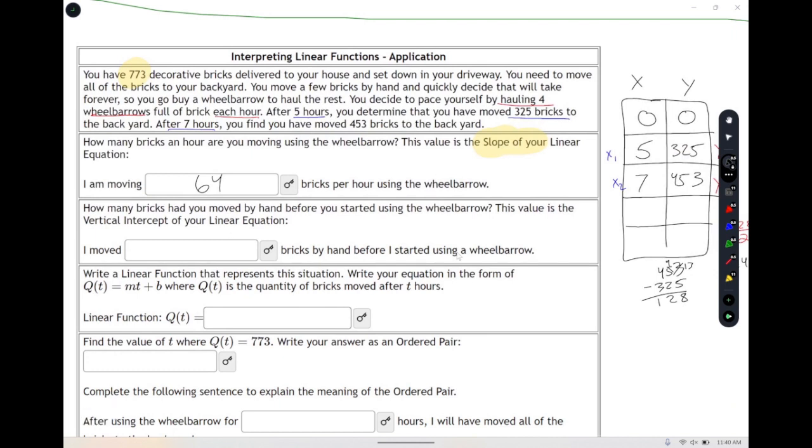How many bricks had you moved by hand before you started the wheelbarrow? Oh, I didn't even know that was a part of this question. So you have 773 in total. So I'll do 773 equals 64x plus b.